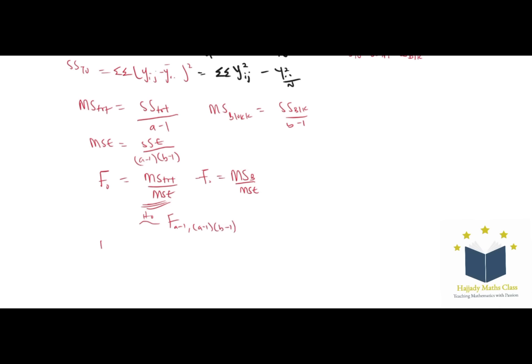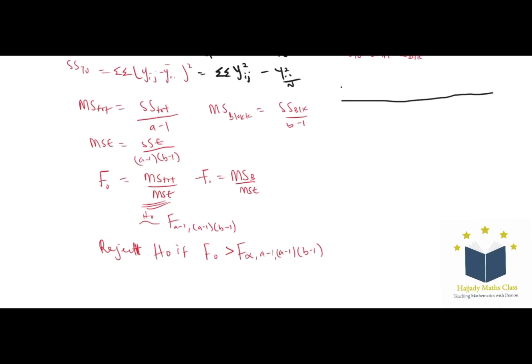We reject the null hypothesis if the F observed is greater than F alpha, a minus 1, (a minus 1)(b minus 1).